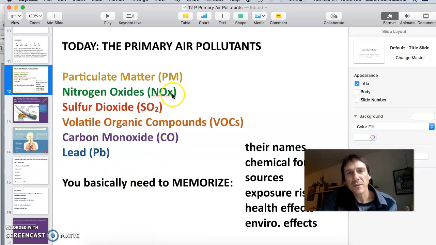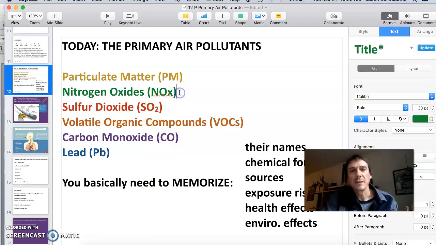Nitrogen oxides, the reason there's an X there, it means there's different kinds of compounds that can be considered air pollutants based on the nitrogen and the oxygen combining. So you get NO, you get N2O, and you get NO2.